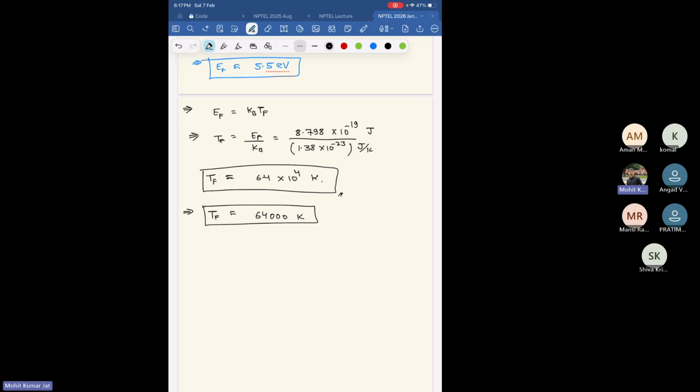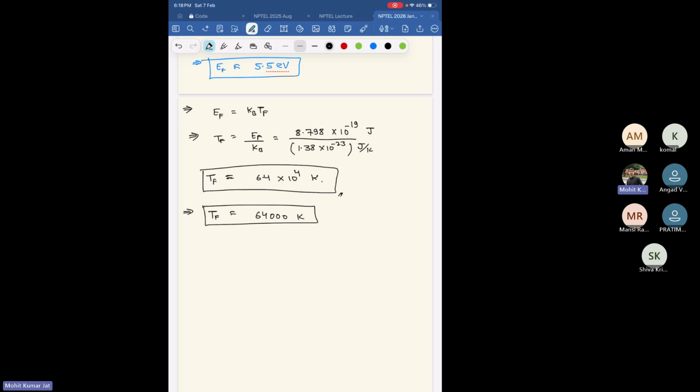What this number tells you is that in metals, whatever phenomena you see, these Fermi energy and all those things, are quantum mechanical phenomena, since you observe them at room temperature, 300 Kelvin, which is very small compared to the Fermi temperature. So whatever you are seeing originates from quantum mechanical phenomena at these temperatures, in correspondence to the Fermi energy.